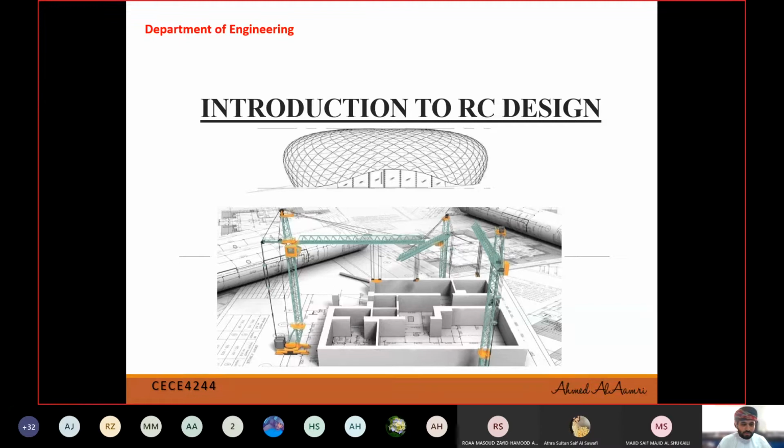4 is representing the fourth year. The first number is representing the year. So if we talk about CE 4, then it refers to the fourth year. If you refer to a code with CE 2, then it's referring to the second year. Second number is referring to the number of semester.